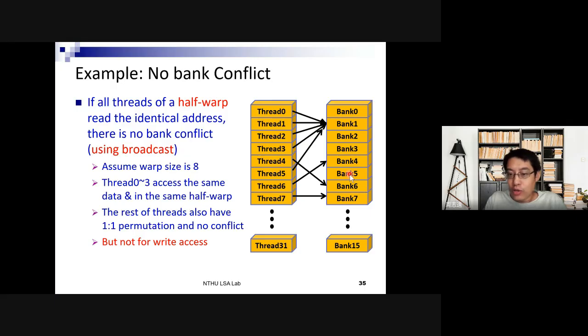So there are also no bank conflicts for the second half of our warp. So it's a special case. If you happen to have this pattern, then you can also avoid bank conflict. So there are only a couple of cases that can guarantee no bank conflict on your shared memory.